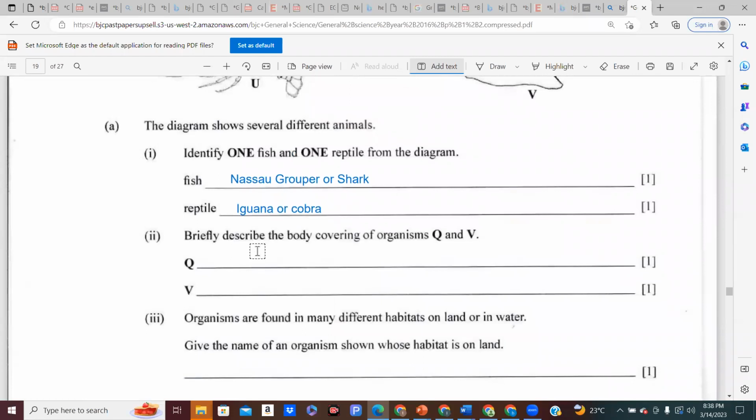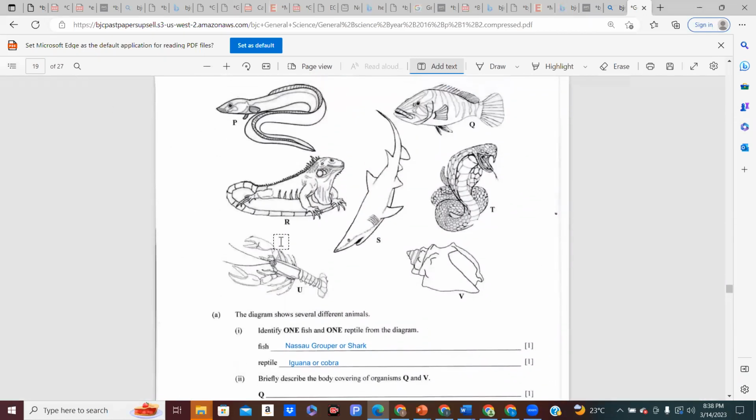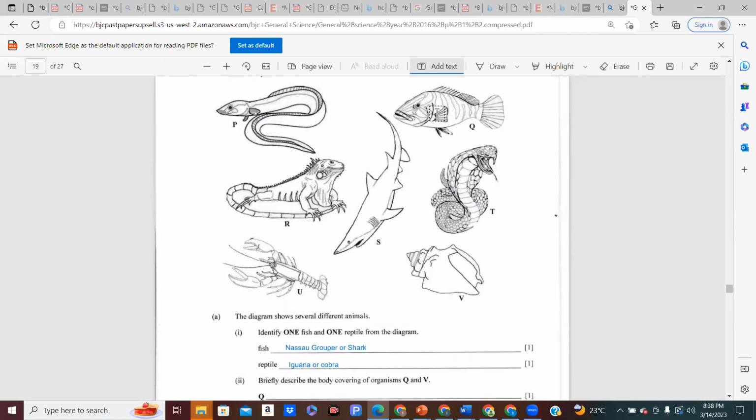Okay, so Jennifer, can you read AII, please? Briefly describe the body covering of organism Q and V. Very good. What is Q? A Nassau grouper. Good, Gabrielle.